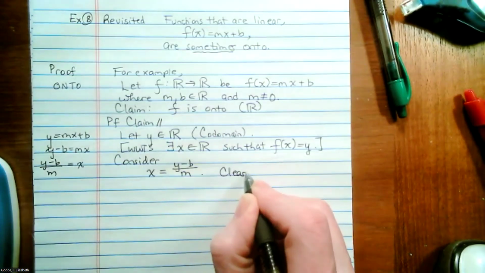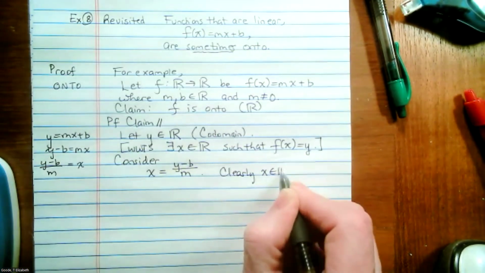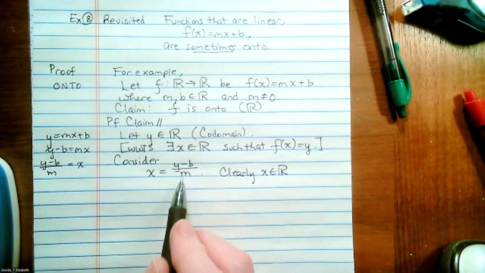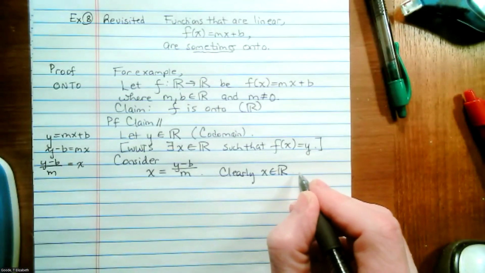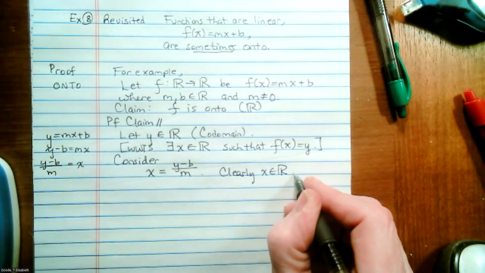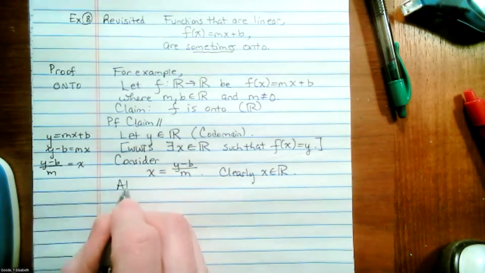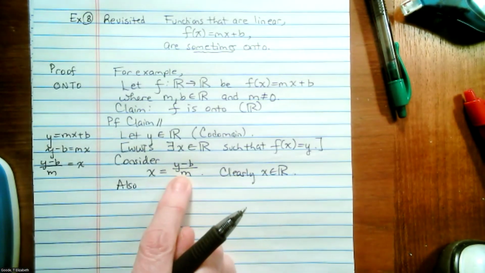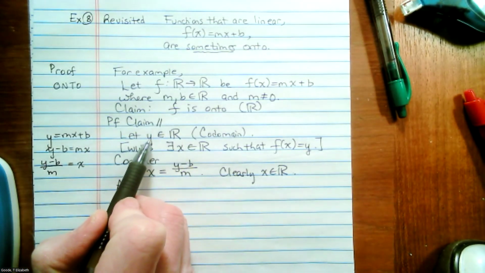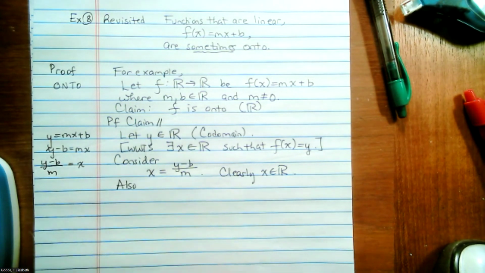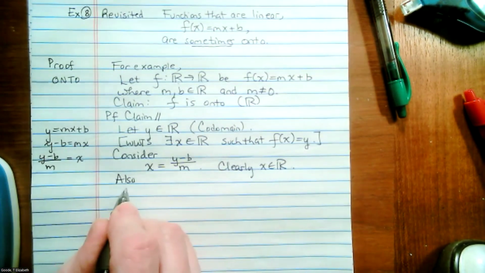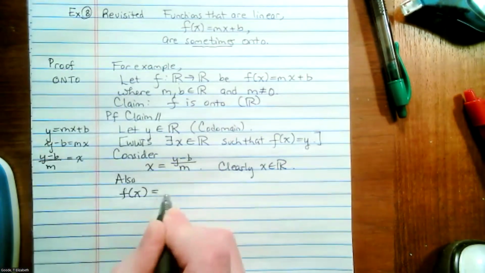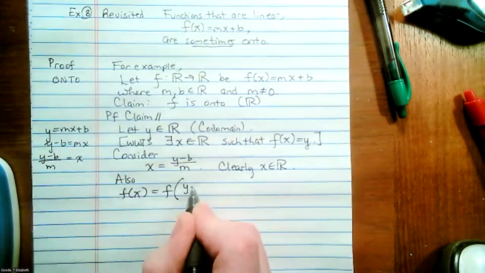Clearly, x is real. Why? Because y, b, and m are real, and m is not 0. Now let's just show that this x will hit the y, which was the arbitrary y in the codomain that we grabbed. So f of x is f of y minus b over m.